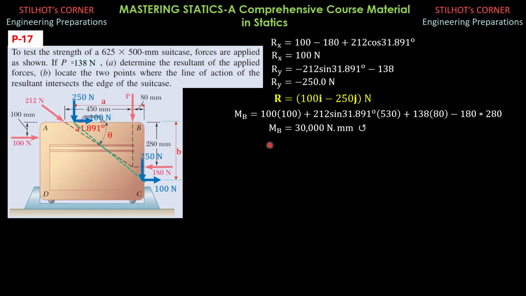So we equate that to moment about B, which is 30,000 Newton mm. So that is 250 times A equals 100 times B equals moment 30,000. So from here, we can now solve for A. A is 120 mm and B is 300 mm.